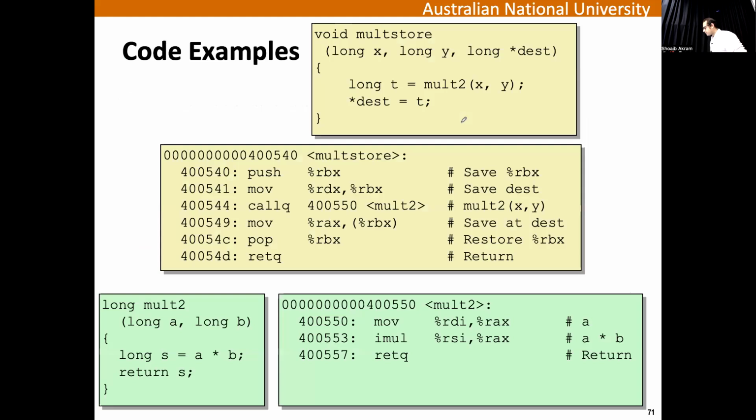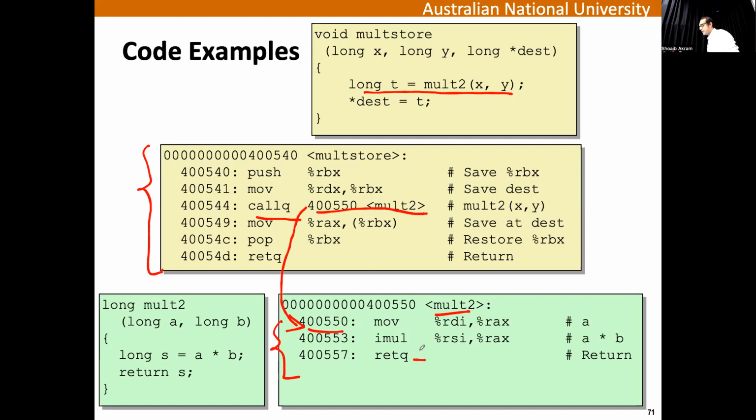So here we have a function called mult. This is the code for mult. And when we look at the object code, when we look at the assembly, call is a jump to the address mult2, the start of the function mult2.